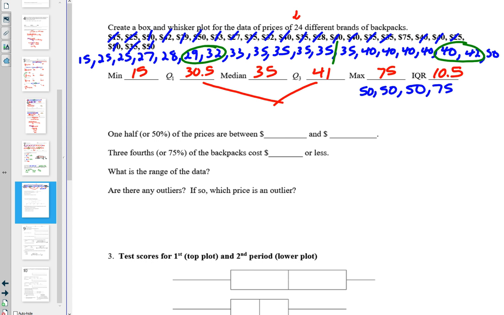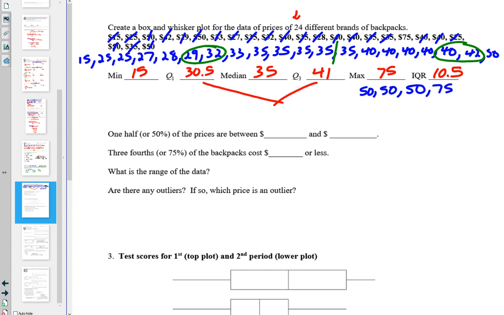Okay. So, all right, I guess we haven't talked about this stuff, how to break these down. If the median is in the middle, that means that 50% of the prices are below the median, 50% are above. Since the quartiles are in the middle of the middle, there's a reason why they call them quartiles.